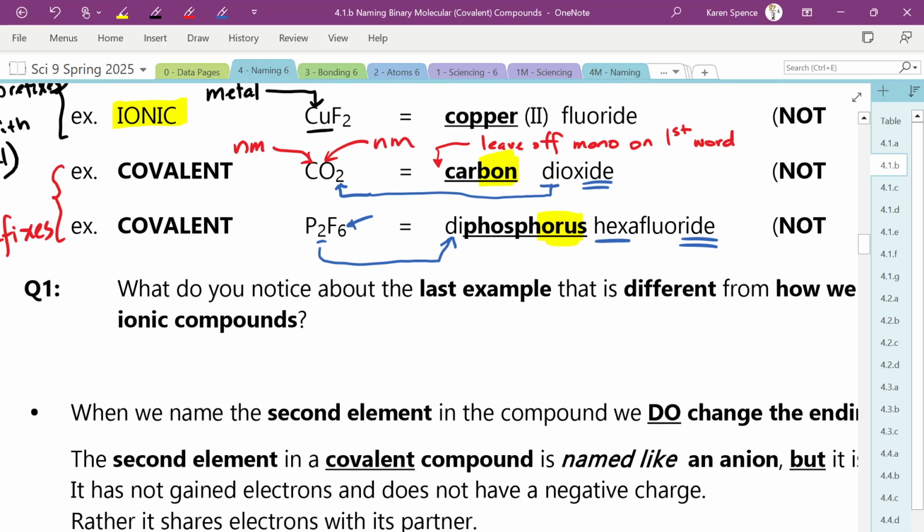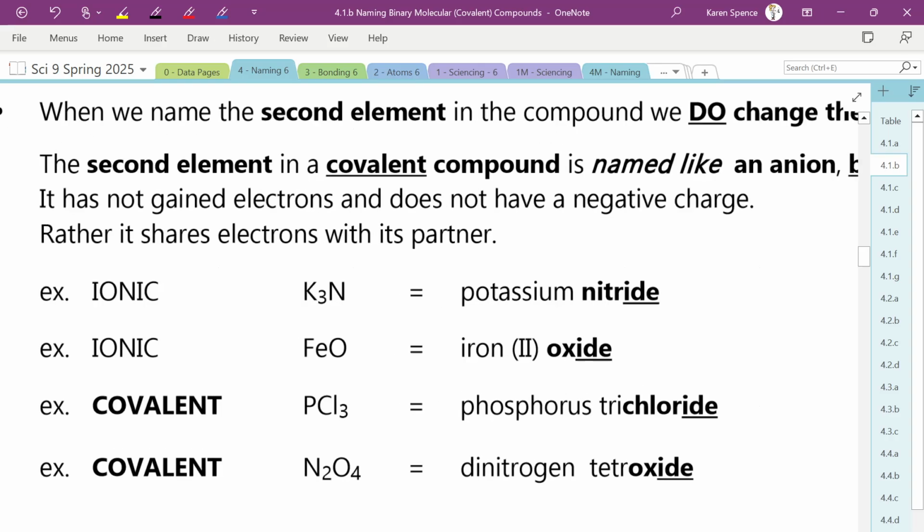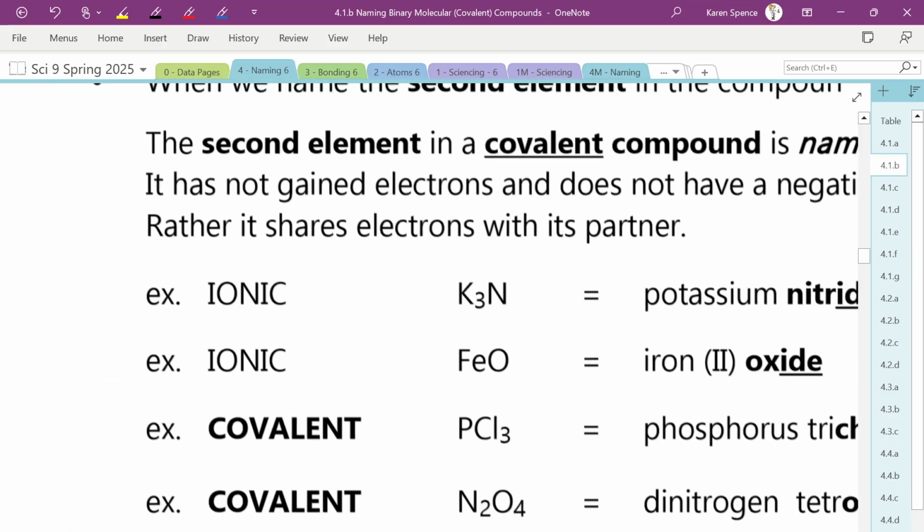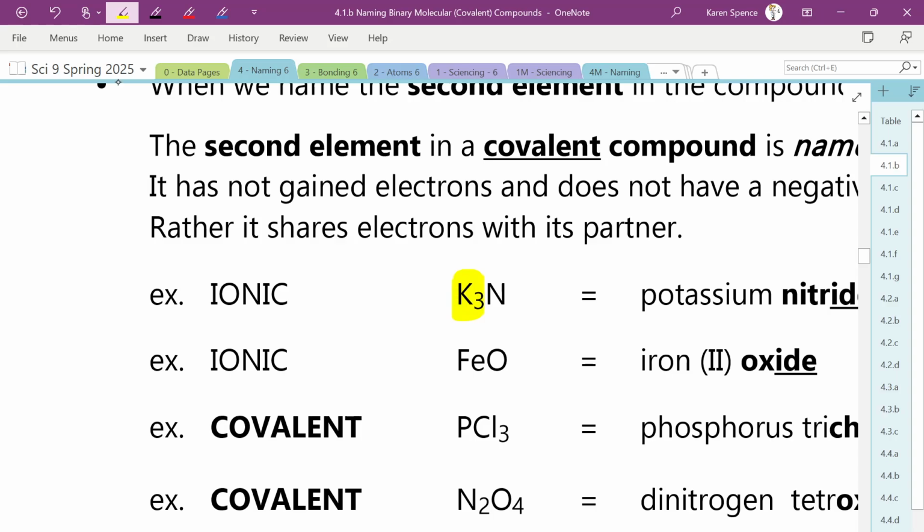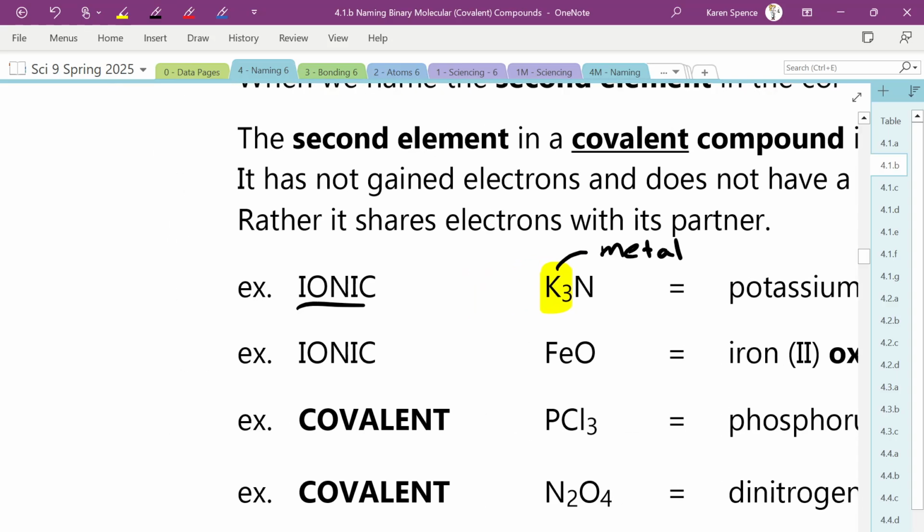Okay, so let's try a few of these. We've got an ionic compound. How do I know it's ionic? I know because K is a metal. If it is ionic, do we use prefixes? Yes prefixes or no prefixes?